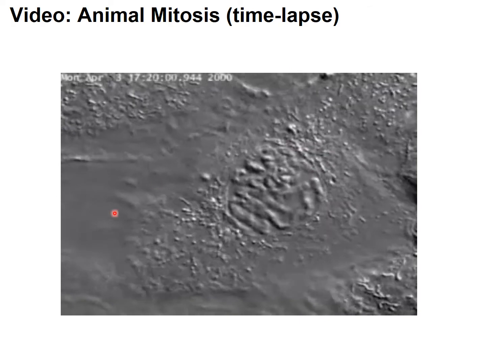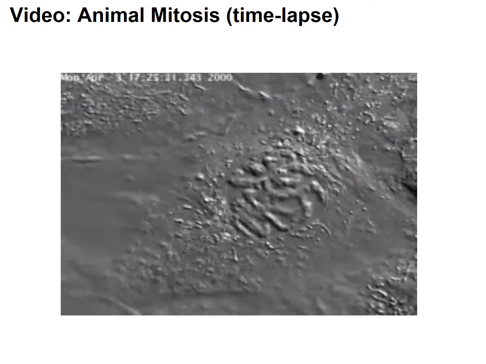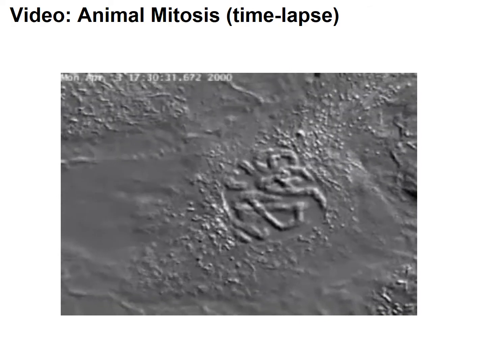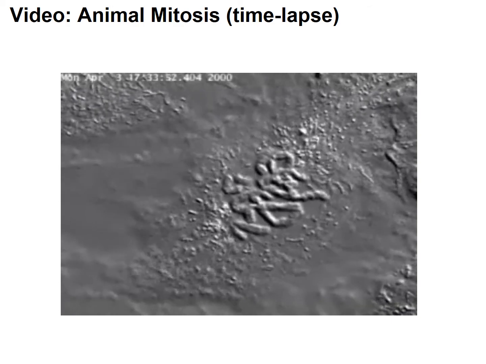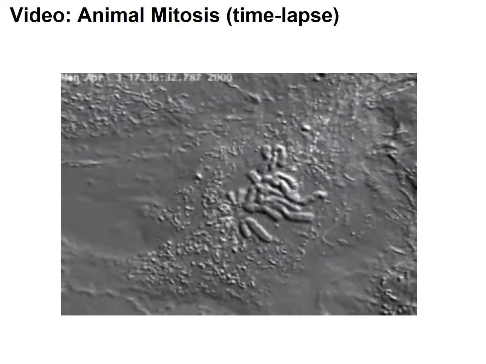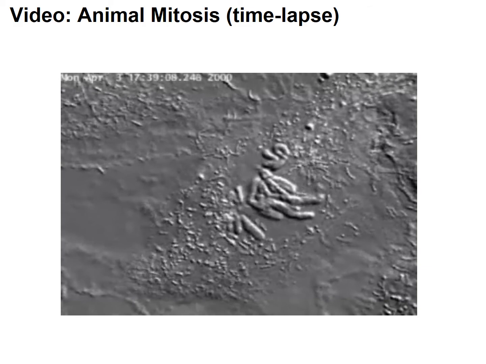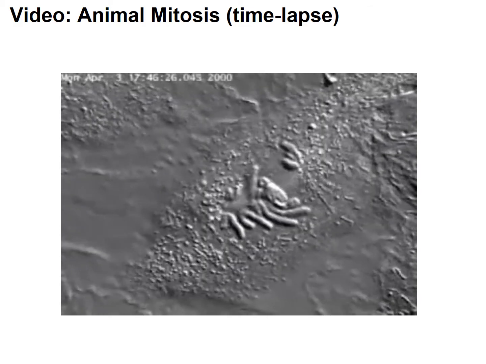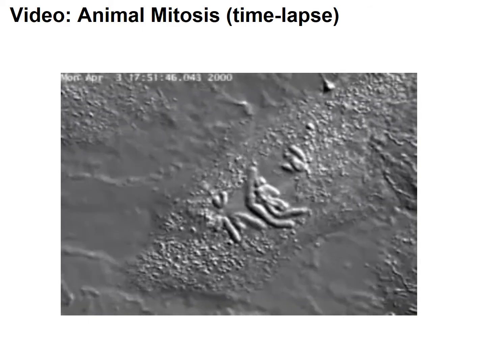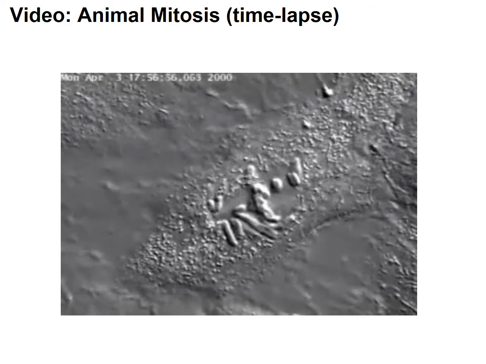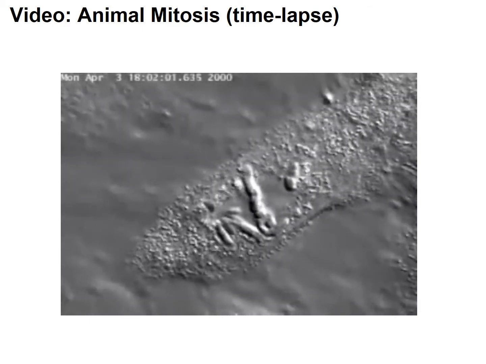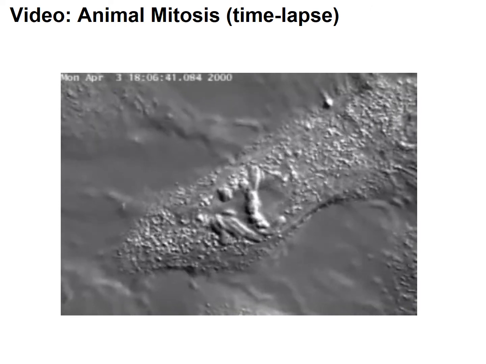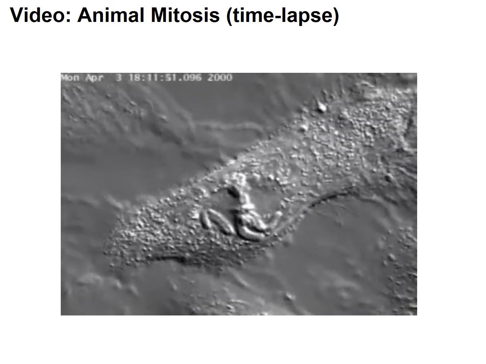Right, so let's kind of watch a little bit of this happening. Okay, so you can see this is movement, right? So we've got the chromosomes, they're condensing and they're moving around. Oop, they're starting to line up.